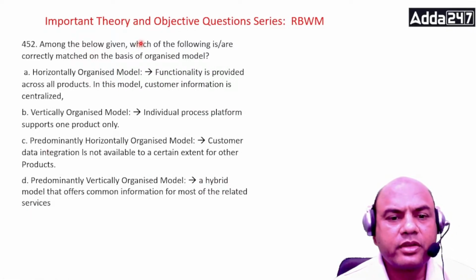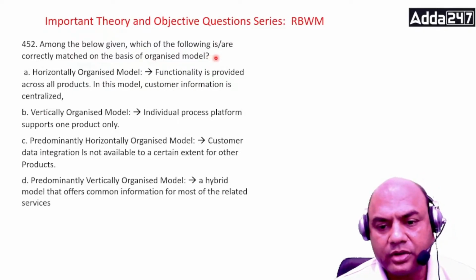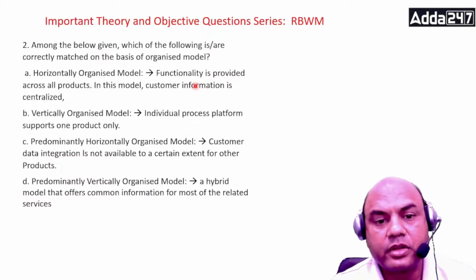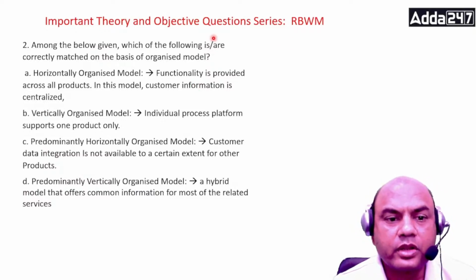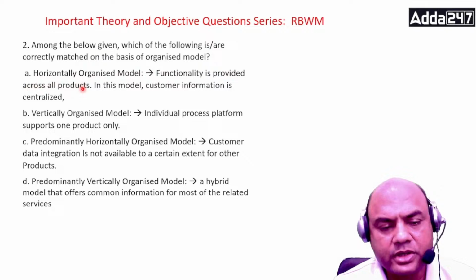Among the below given, which of the following is or are correctly matched on the basis of the organized model? Now, the organized model of banking we are calling it. Okay, so what are the options? Look at it. Horizontally organized model: functionality is provided across all the products.